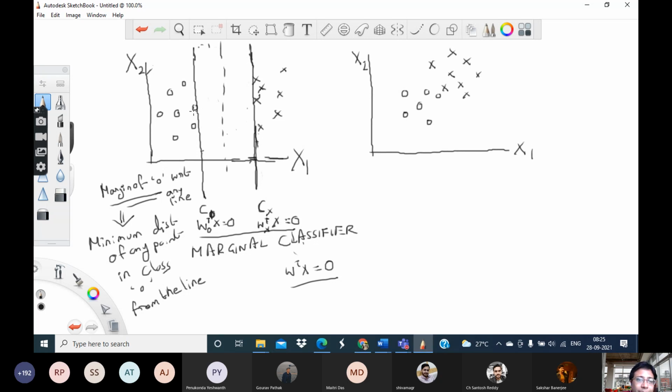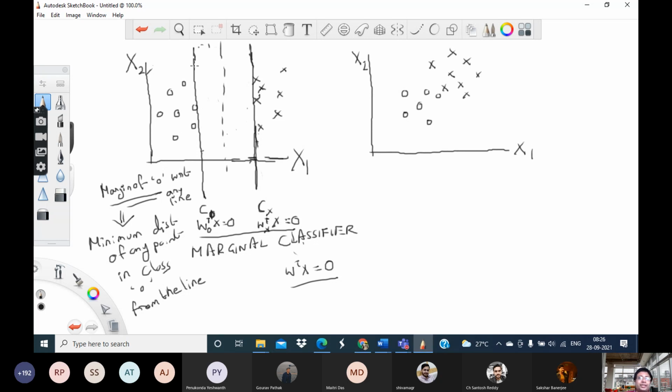Now, I will call this line C circle the marginal classifier of class circle if the margin of the circle class with respect to that line is equal to 0.